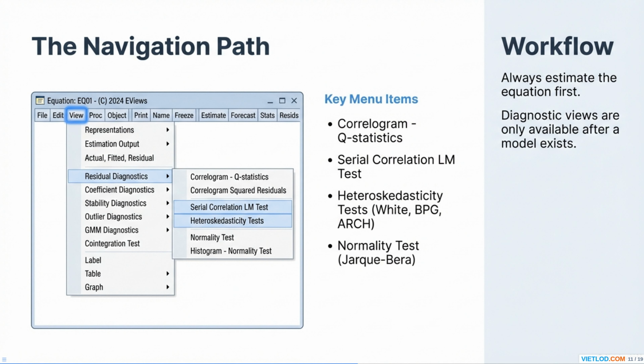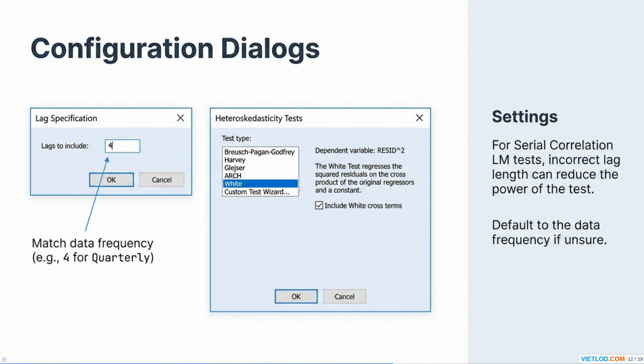For issues related to the error term, you'll navigate to View, then Residual Diagnostics. This is where you'll find key tests like the serial correlation LM test, various heteroskedasticity tests such as White, Breusch-Pagan, and ARCH, as well as normality tests like Jarque-Bera. This structured path ensures you can systematically evaluate your model's assumptions.